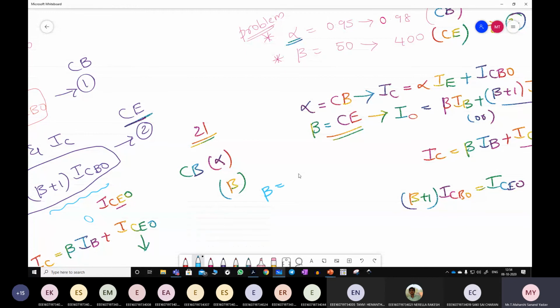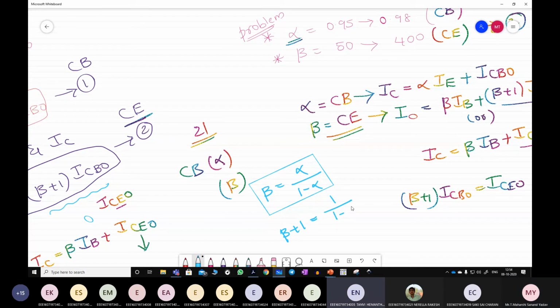Beta is equal to alpha by 1 minus alpha. This is the relation. Okay, sir. And what about beta plus 1? Beta plus 1 is 1 by 1 minus alpha.